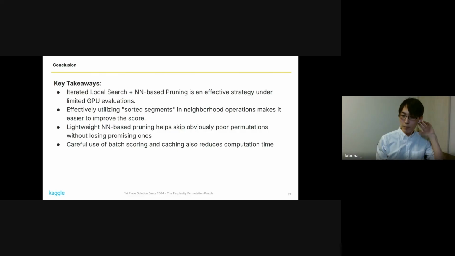And furthermore, the lightweight neural estimator-based pruning with caching and batch evaluations all drastically reduce the cost of JAMA scoring, leading us to our final solution efficiently.